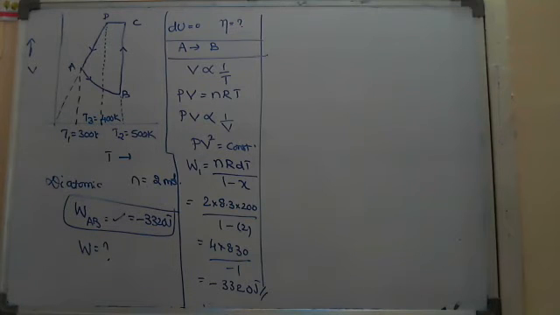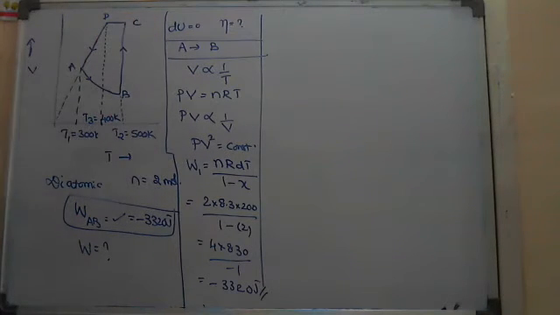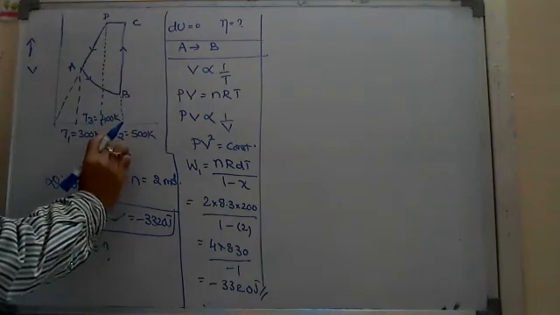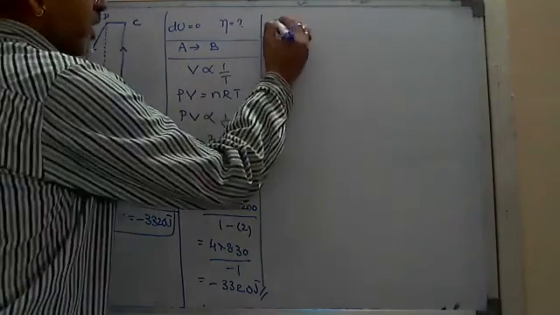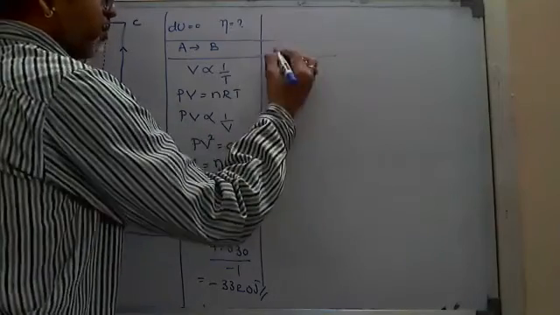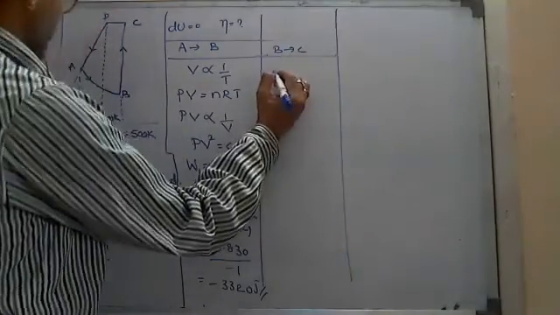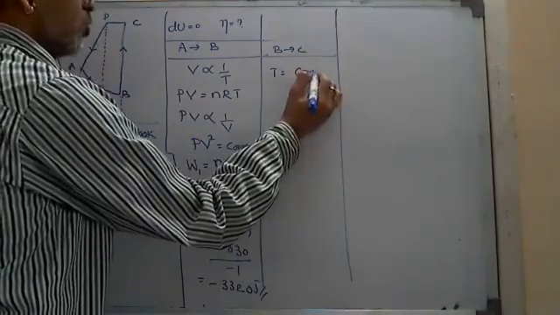Then the second question: what is the total amount of work done? We have to calculate all the works from B to C, C to D, and D to E. B to C, temperature is constant, so W2 from B to C is an isothermal process.